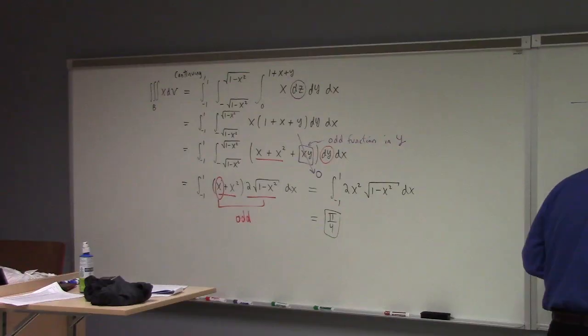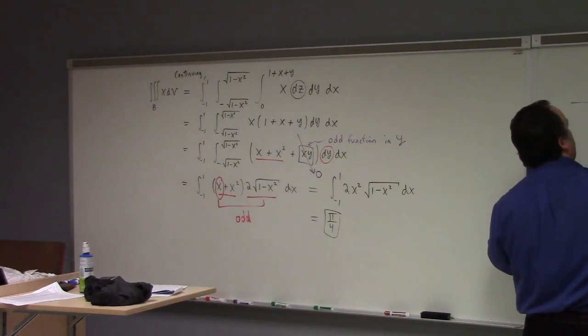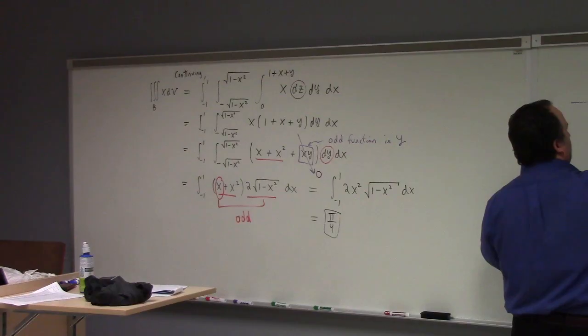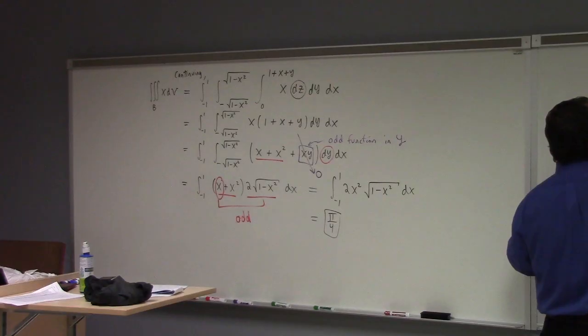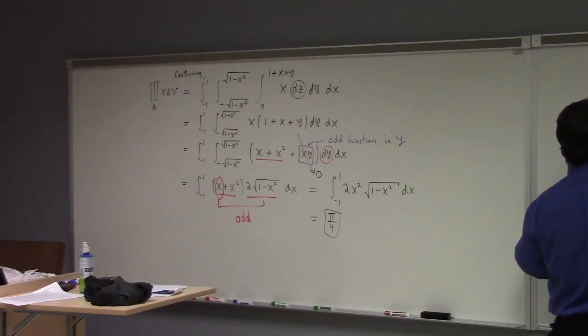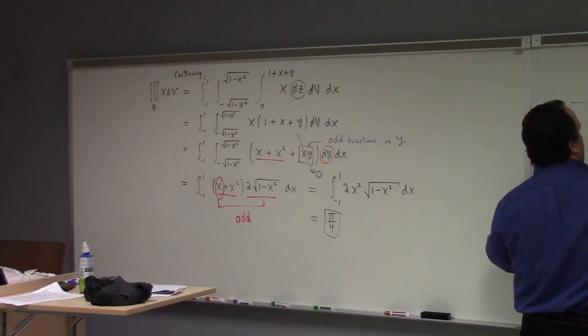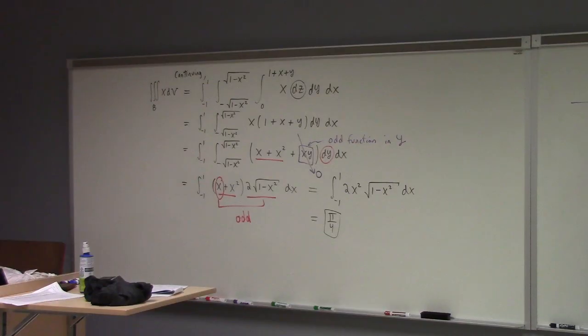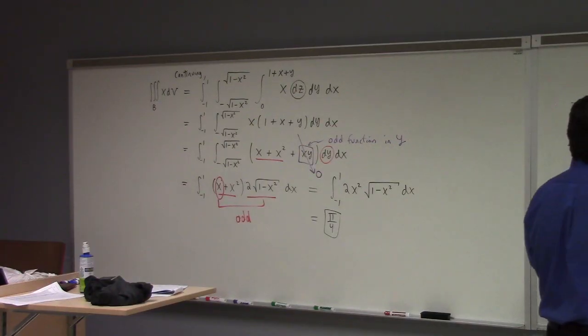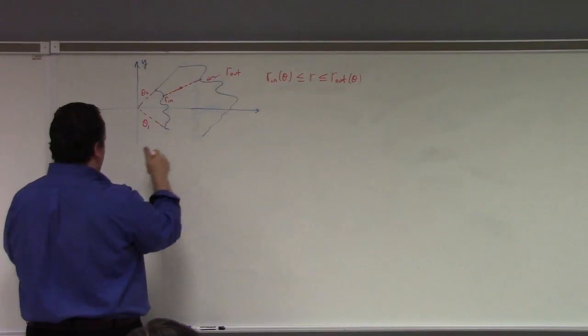The point is that if you look at it, there's theta 1, there's theta 2, and any point in here is clearly between r out and r in. In other words, r in, which is some function of theta, is less than or equal to r, which is less than or equal to r out, which is some function of theta. These are supposed to be straight lines. Let me rescue it.